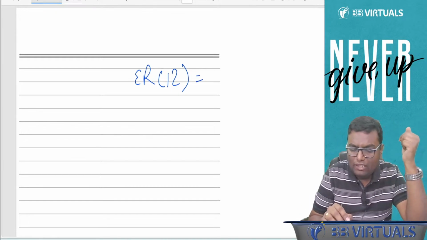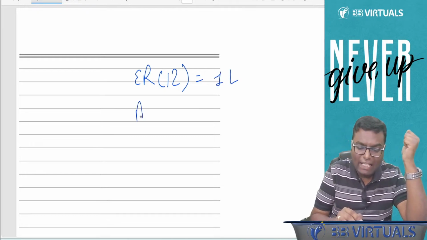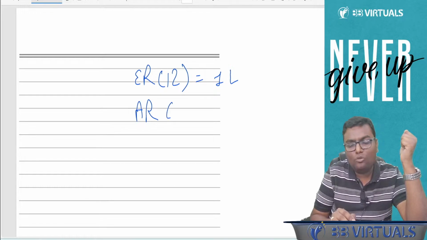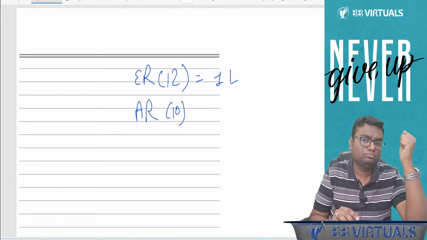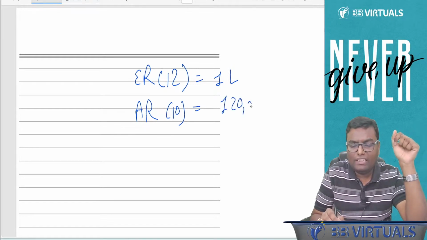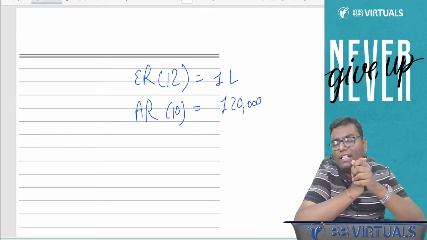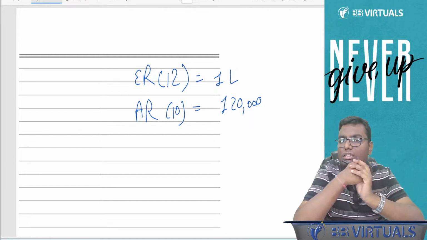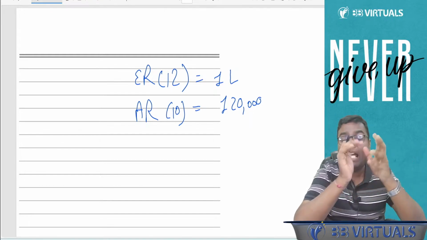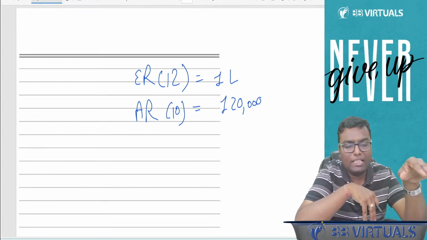Let's say expected rent of 12 months is rupees 1 lakh. But the actual rent is there only for 10 months, and that 10 months' actual rent is 1,20,000. Now the question is, why is actual rent only for 10 months? Let me tell you what happened. There was my house property which I had given on rent to somebody.